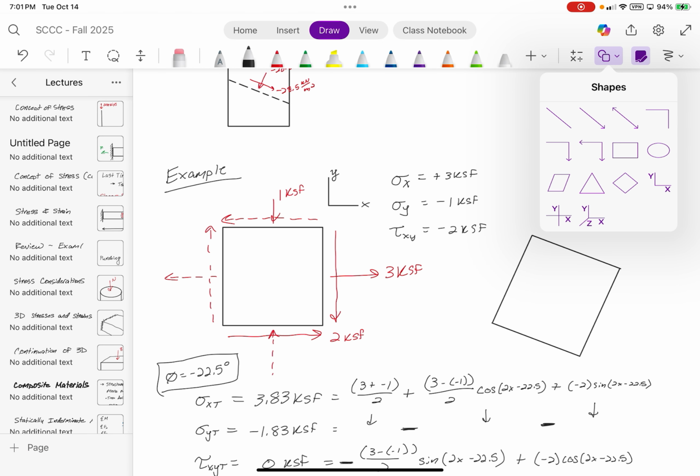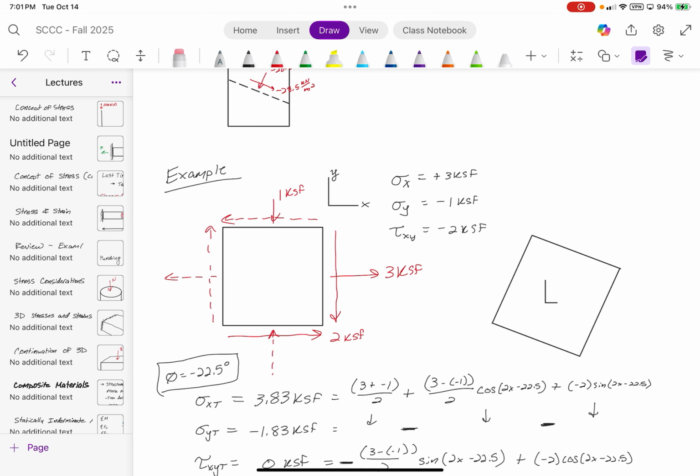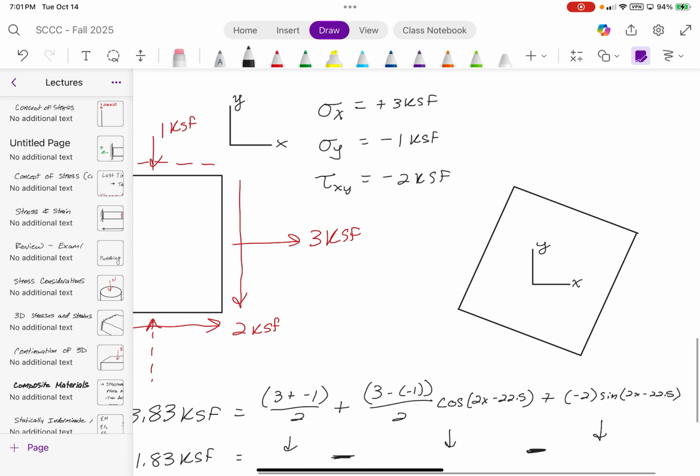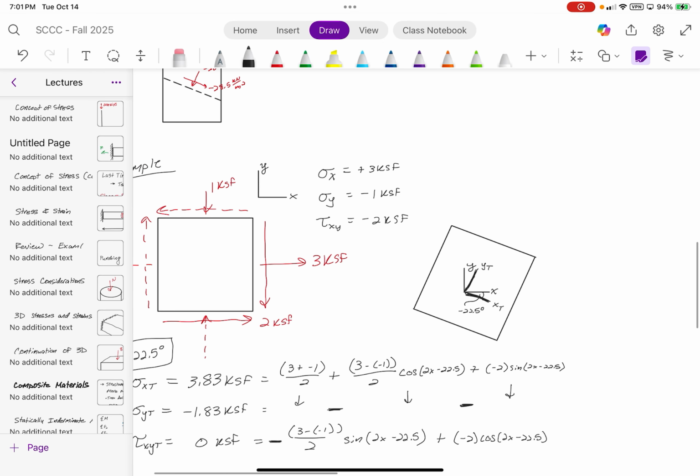Where our initial rotation, which I'm going to draw just like this, of X and Y, has now become something more like YT and XT, with this angle here being negative 22.5 degrees. All right?